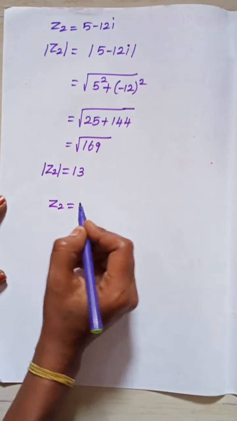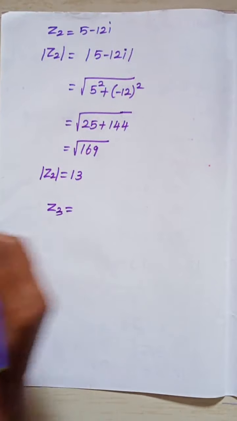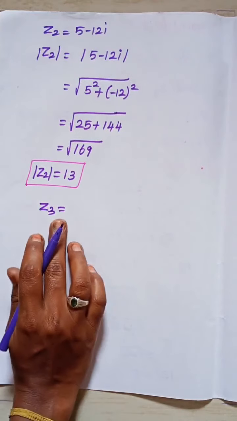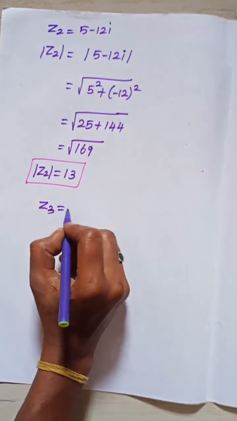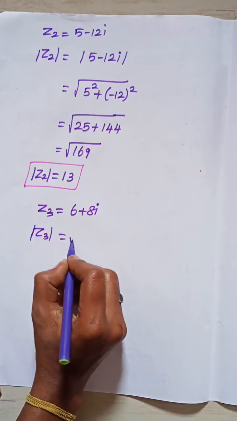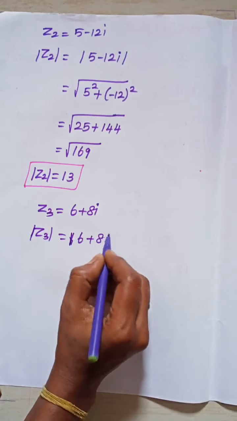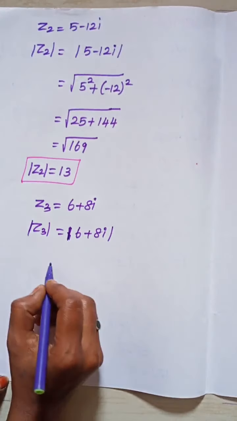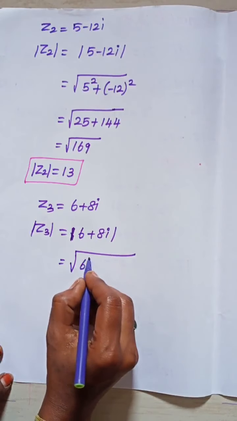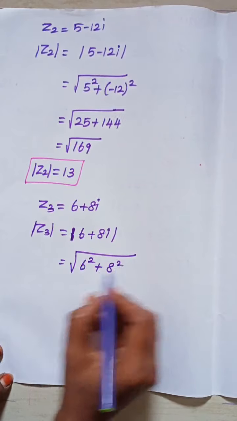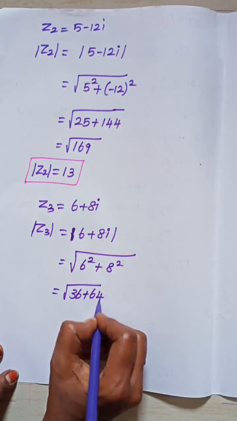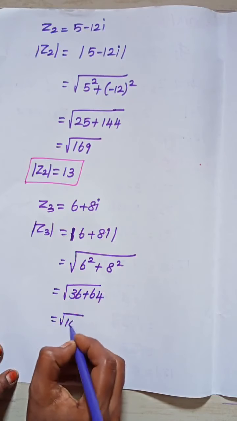Next, the z3 value, which is 6 plus 8i. So modulus of z3 is equal to modulus of 6 plus 8i, which is equal to square root of 6 squared is 36 plus imaginary part 8 squared is 64, which is equal to square root of 100.